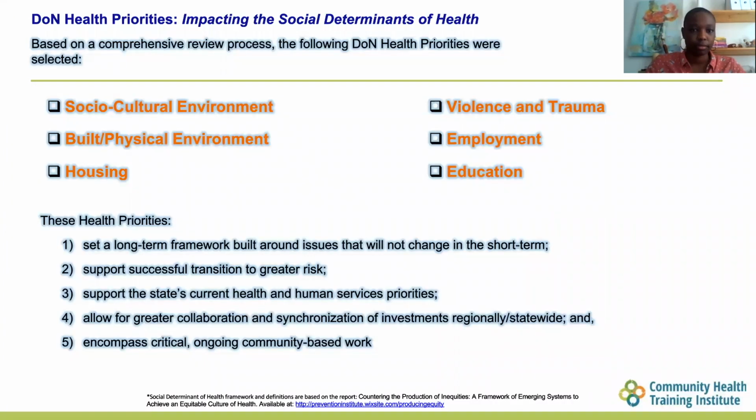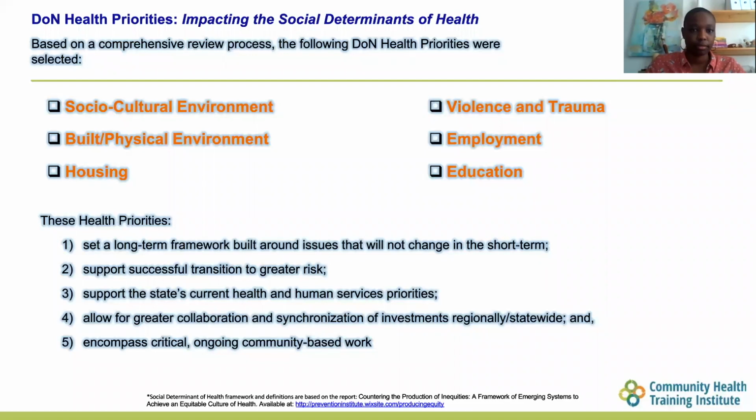DPH has defined the health priorities for the DON program as 6 social determinant of health domains, listed here on the slide. At the same time, we established a series of health outcomes and problems that we know to be pressing and consistently impacting population health and health inequity, a central concept in this. Accordingly, hospitals are required to focus their CHI resources on strategies that address 1 or more of the 6 DON social determinants of health priorities.